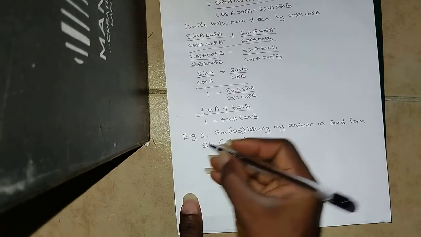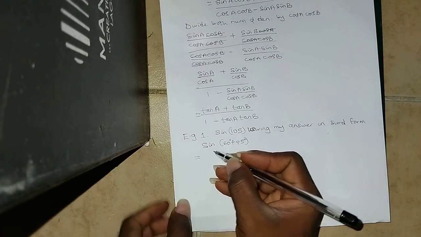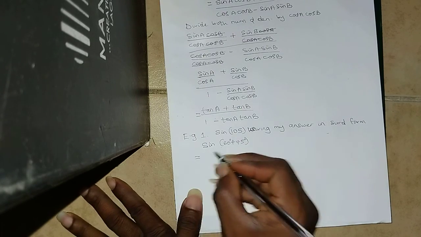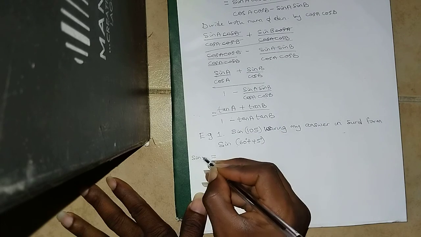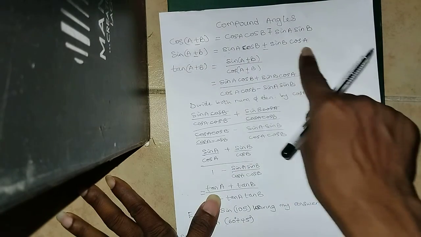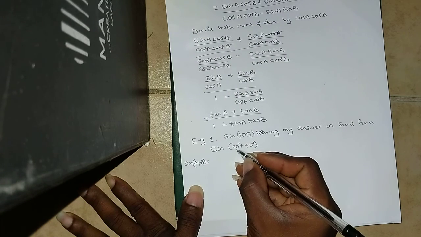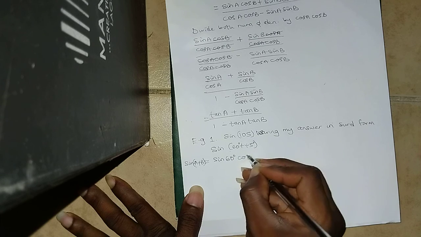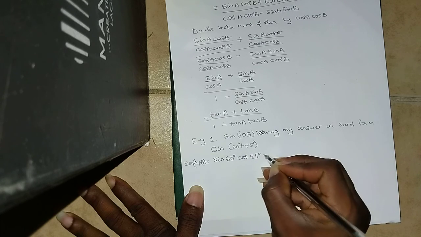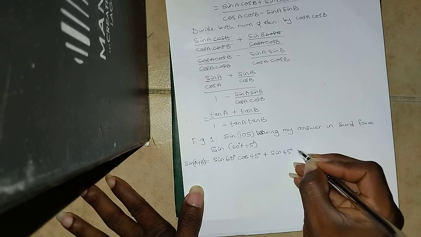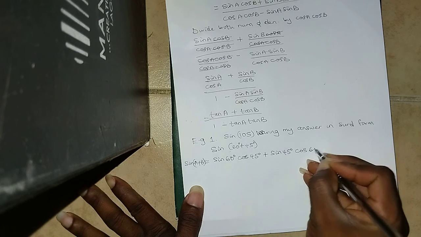So I can just say, since I know what that is, what's my sine A, I can just simply write this equals to sine A plus B, and the result of my sine A plus B. So my sine A will be 60 here, so I have my sine 60 degree cos 45 degree plus sine 45 degree cos 60 degree.